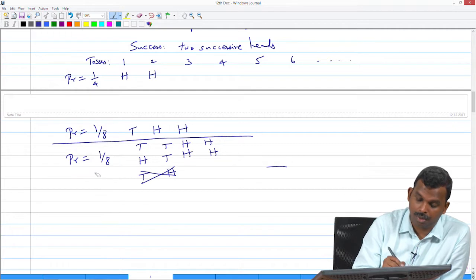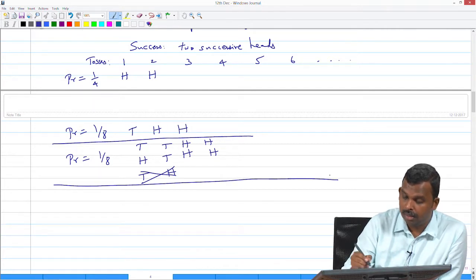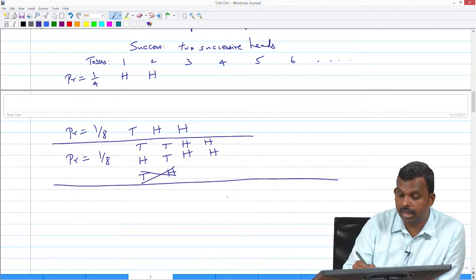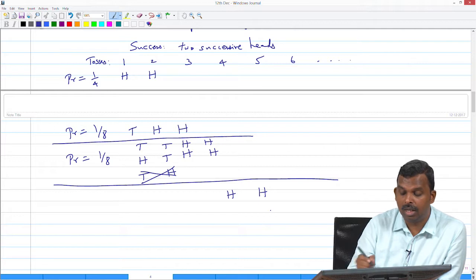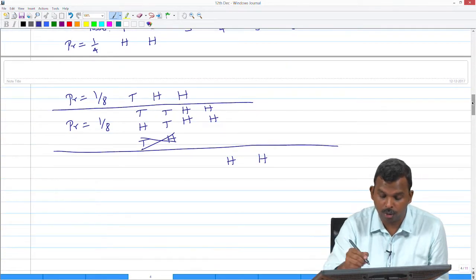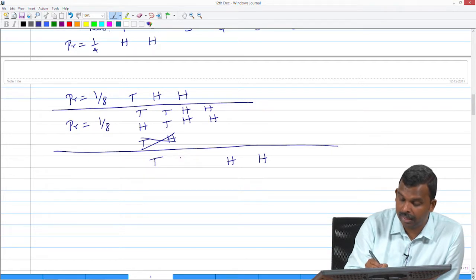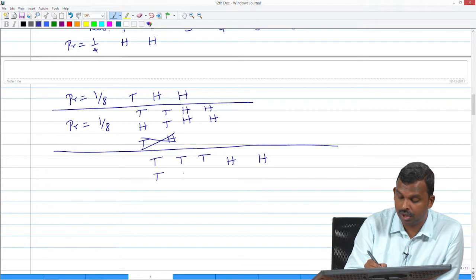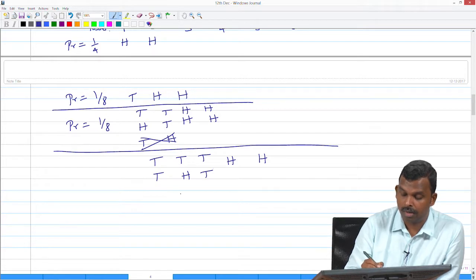Maybe I should draw this a little bit below. If you want to look at 2 consecutive heads by the fifth toss, you would have HH here, and you have to look at all the various possibilities in the first 3 tosses. You could have TTT, or THT, and you can't have THH, or you can have HTT.